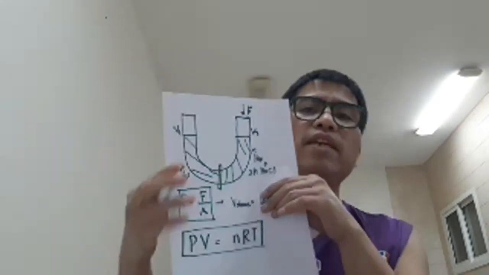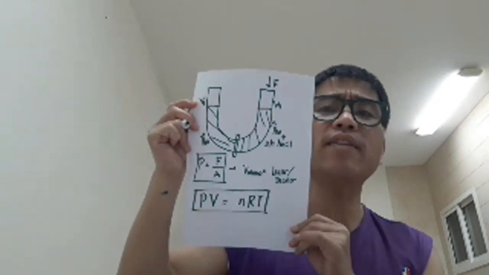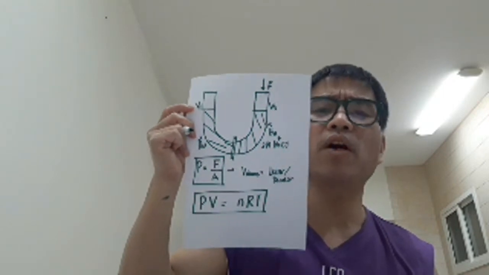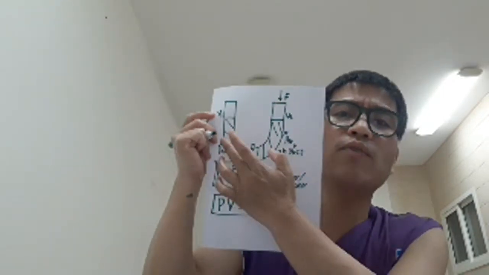So PV equals nRT. This is our ideal gas equation, or our general gas equation. We equalize our volume by pushing with force and applying pressure, and the volume on the other side, we equalize the other volume here.